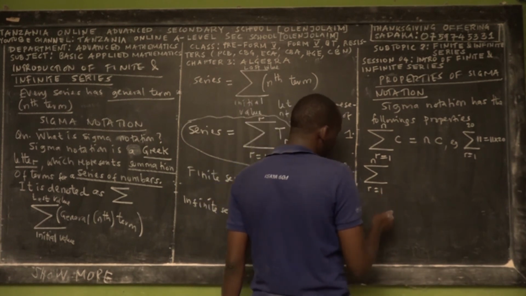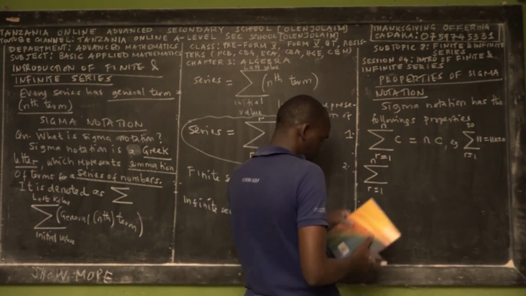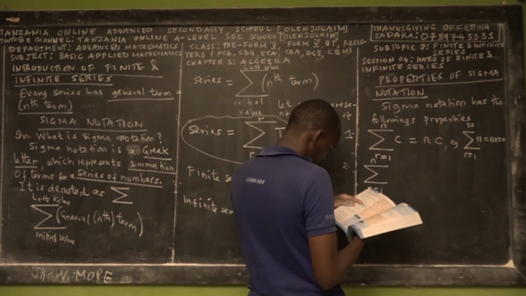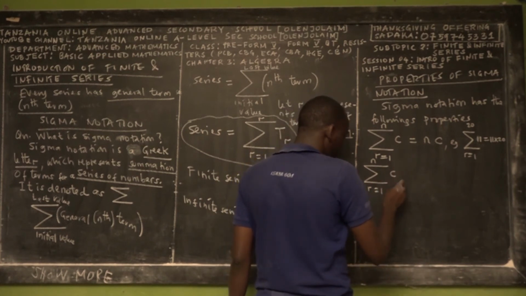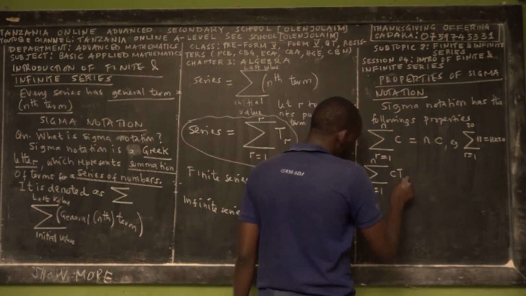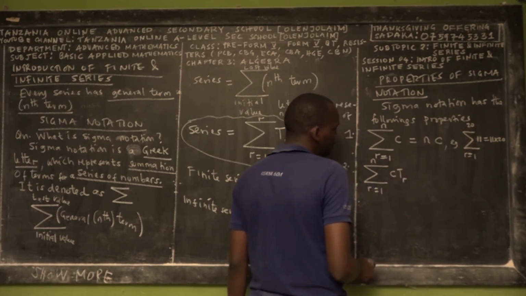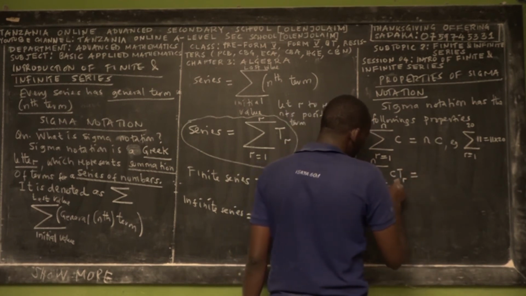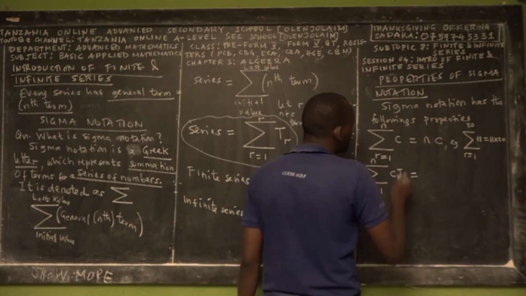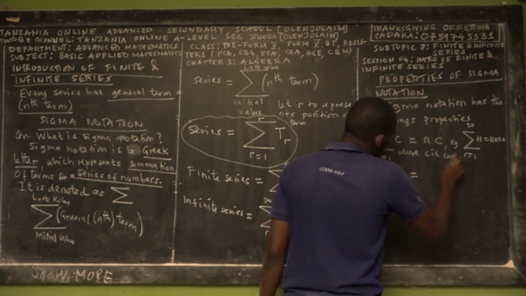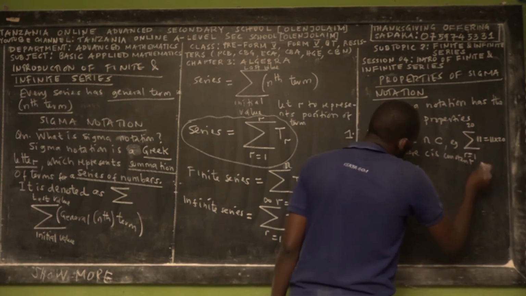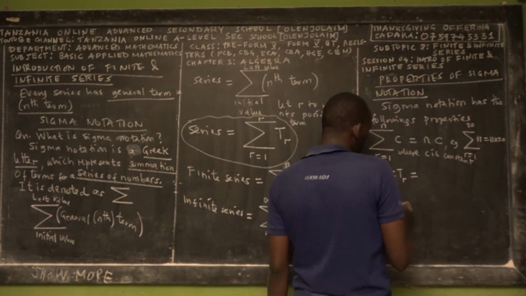And then here we have c, let's say c t_r. So this is equal to c, where c is a constant number.